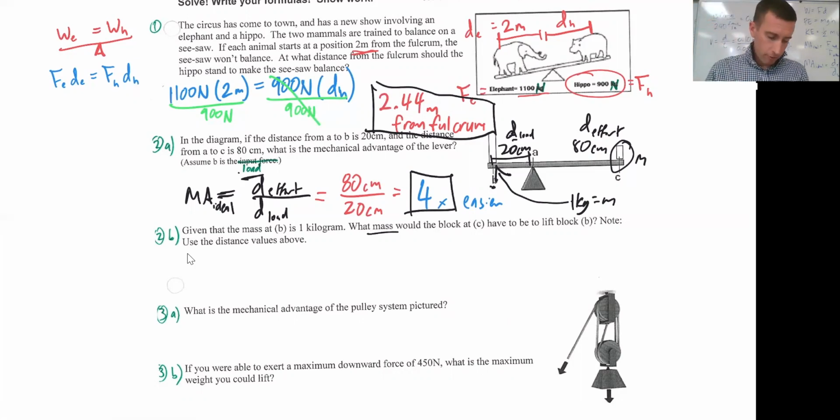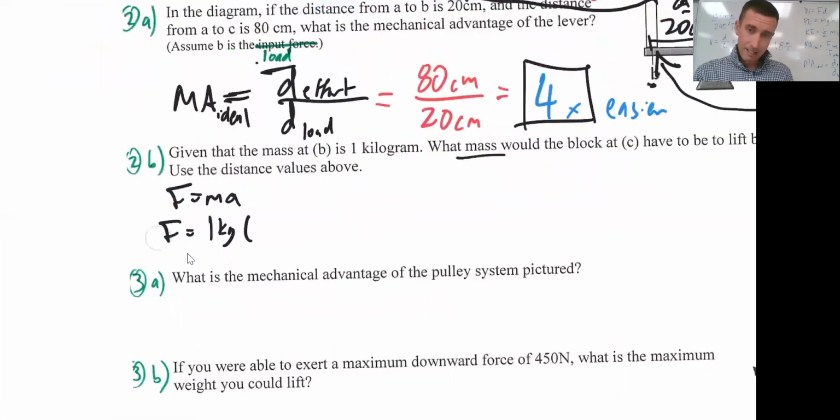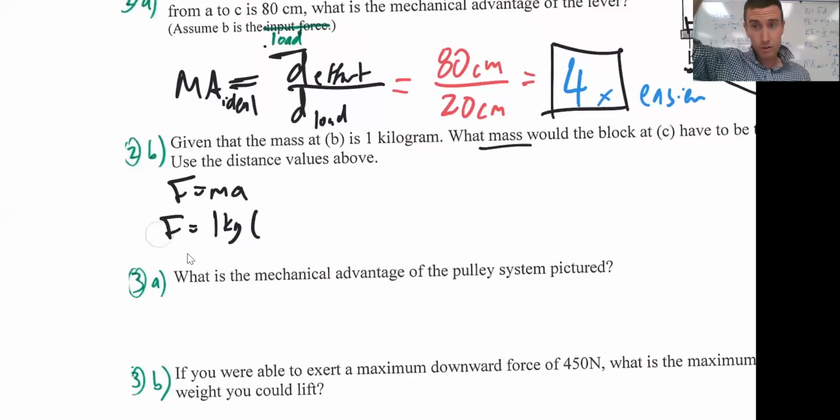So if I wanted to prove that the mass is the force, I could turn it into a force. I could do force equals mass times acceleration. This mass is 1 kilogram. Force equals 1 kilogram times the acceleration, in this case the acceleration down due to gravity.